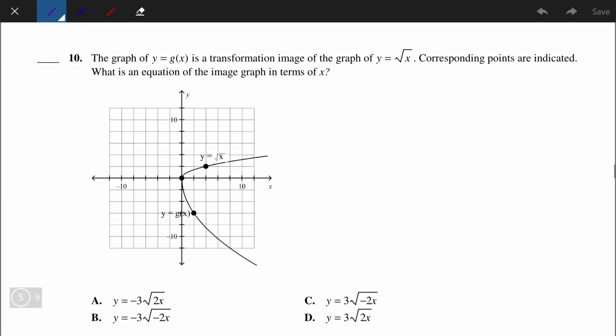The point (0, 0), and also the point (4, 2). Okay, so in g of x, we also have (0, 0). However, the point (4, 2) has been transformed to (2, -6).